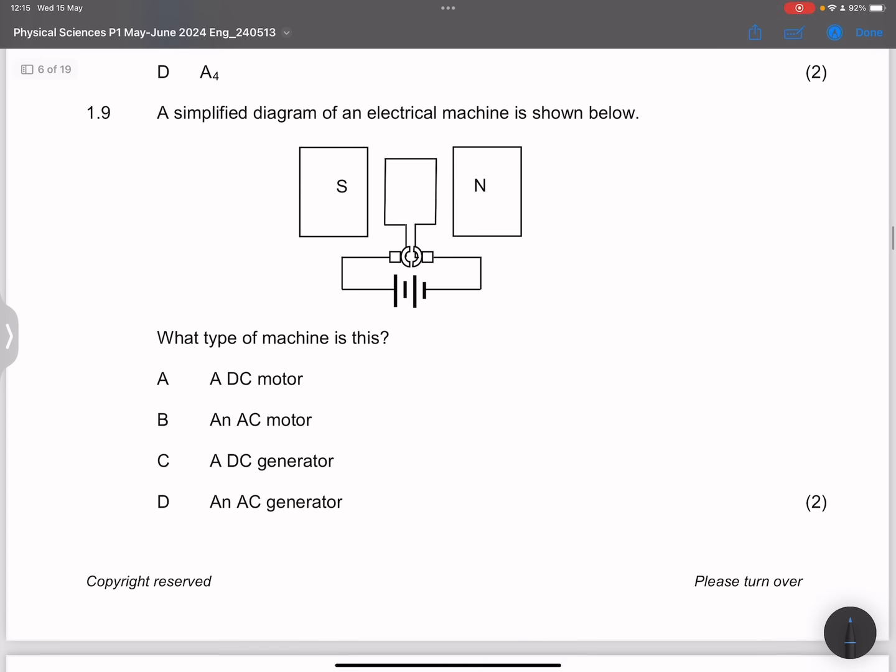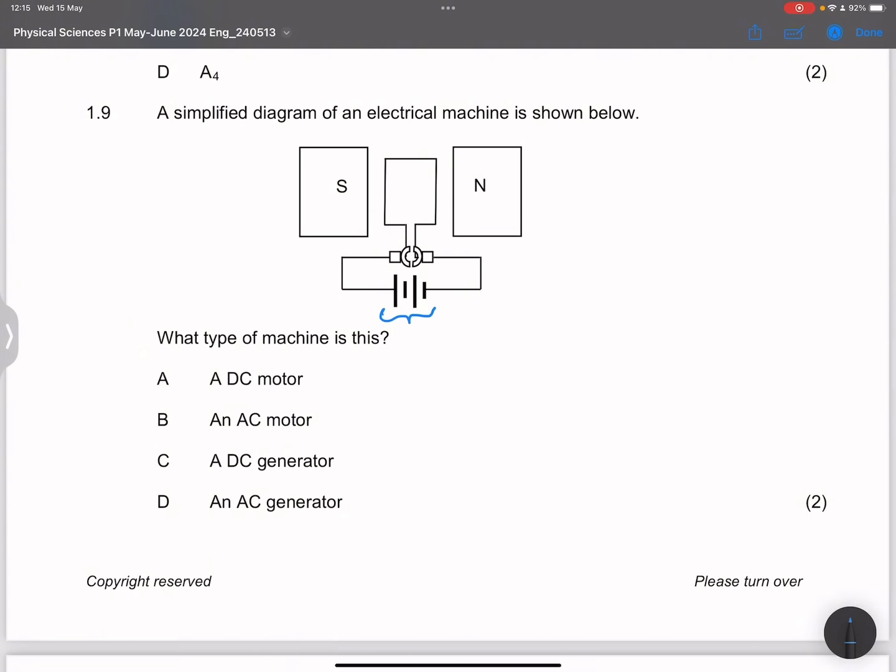1.9, they say we've got a simplified diagram of an electric machine, which is shown below. Right, the type of machine that this is, okay? Now note, first of all, we've got a battery there. So remember, battery will supply us with current, okay?